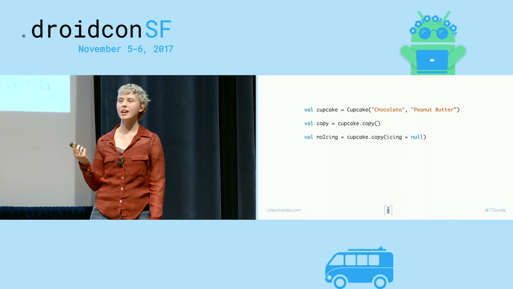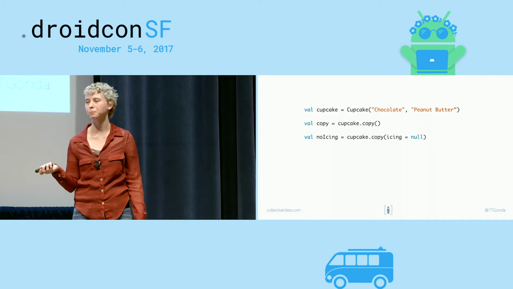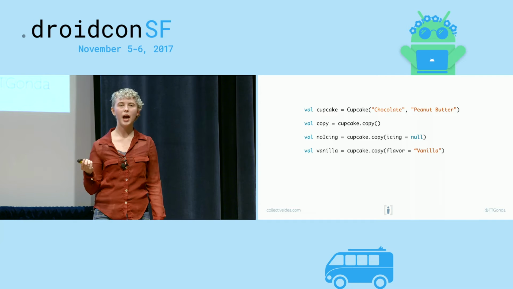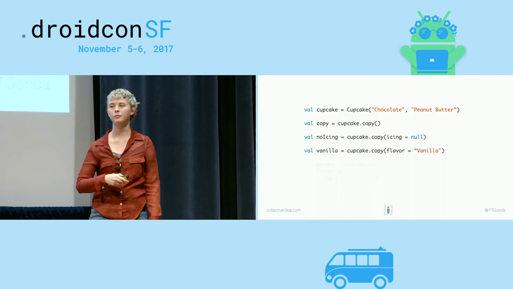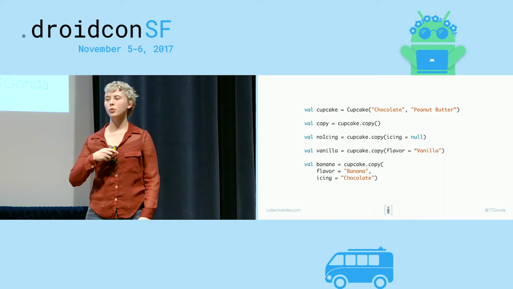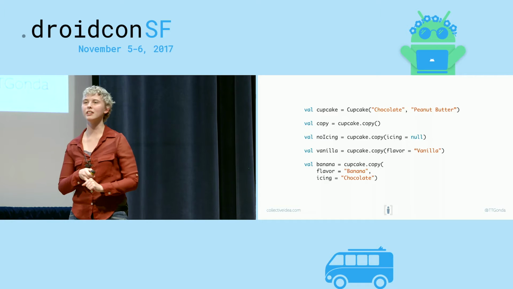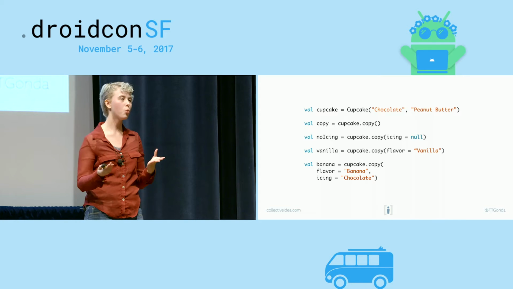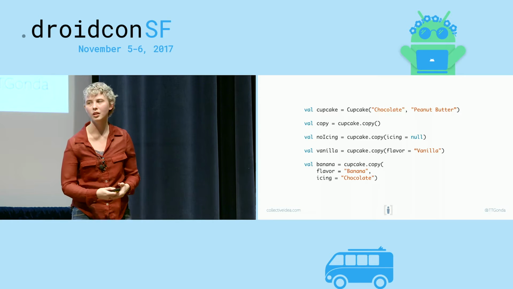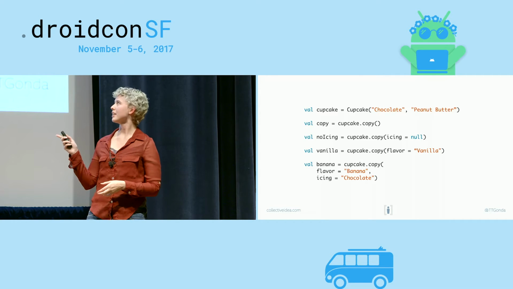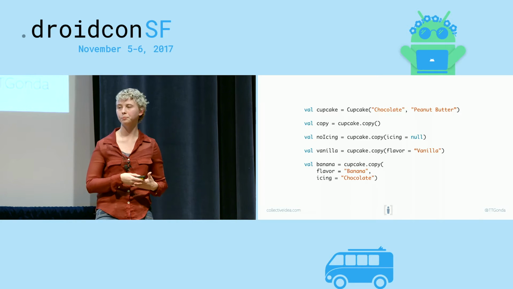We could also say that we don't want icing on this copy, because maybe someone doesn't like icing. We could also make a copy and change the flavor, but keep the icing. And then we could also make a copy and change the flavor and the icing. And then if there were more properties, we could do this in any combination that we wanted. Also notice here that in Kotlin, we can use named parameters, which can be really handy.